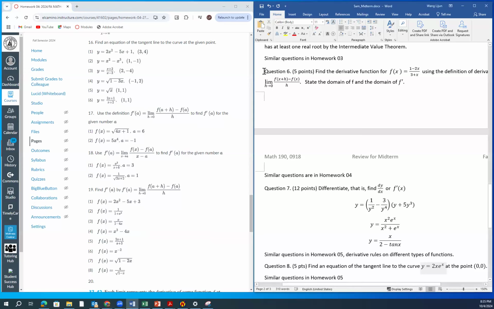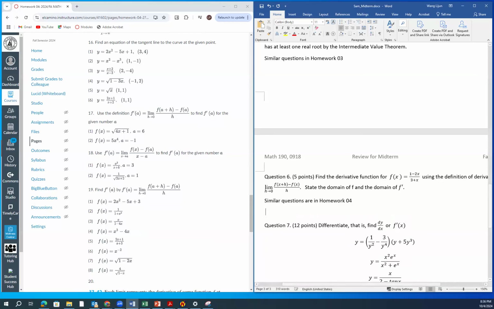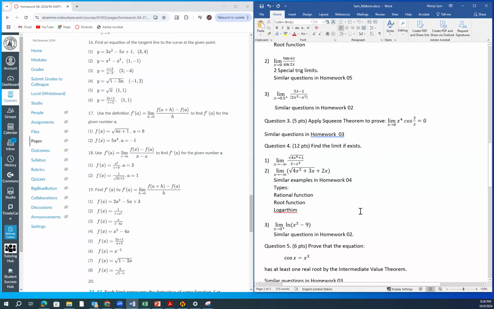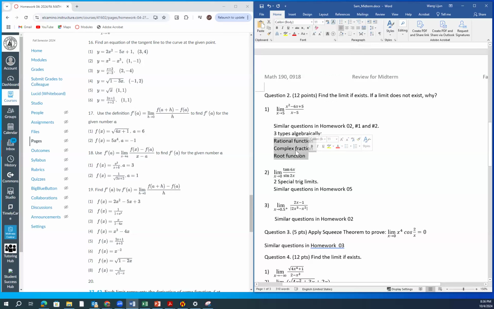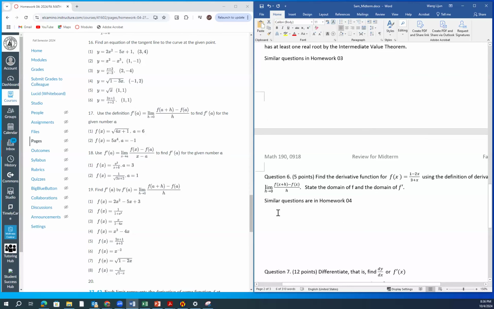But let's look at question number 6, right, on this title. Okay, so once again, I think there are 3 types. Yeah, there are 3 types again, to apply the definition of derivative to functions. What is the first type? Okay, so I'm going to copy that one more time and make changes. Okay, 3 types you need to know.